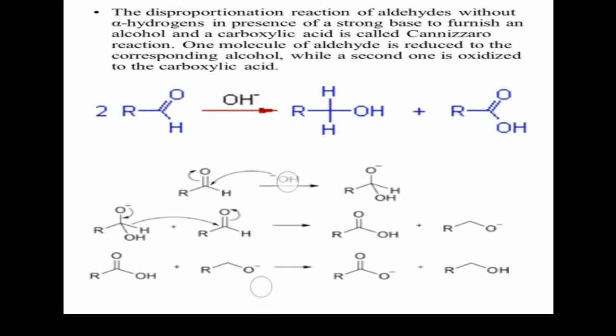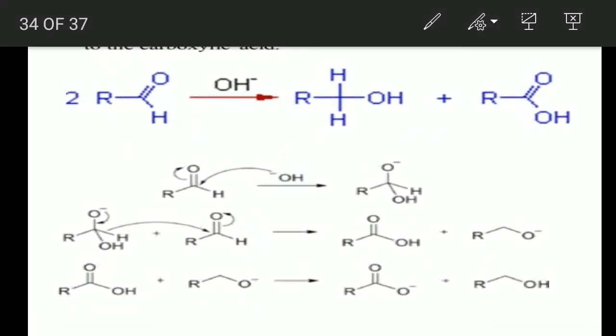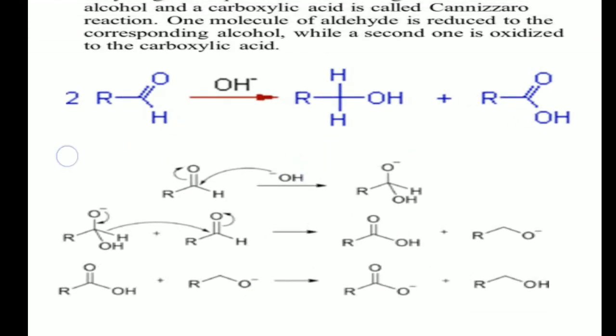Firstly, one molecule of aldehyde participates in the reaction with the base species OH minus. We know very well that the attack of the base species happens at the carbonyl carbon to produce this oxide ion. This oxide ion now participates in the reaction with another aldehyde molecule in this way.